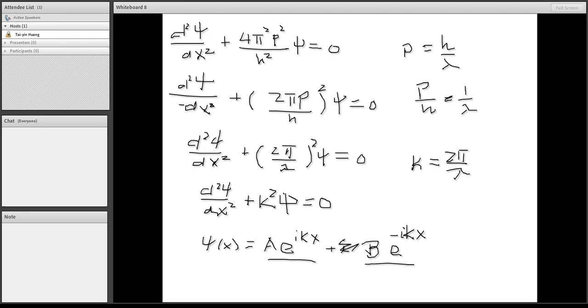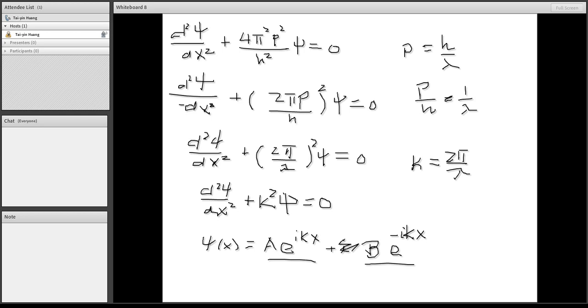So one is rightward and one is leftward. This is the full solution to the one-dimensional equation, and this is the time independent part. To have the complete solution, you multiply this by e to the minus i omega t to give you the time-dependent solution for the one-dimensional case.